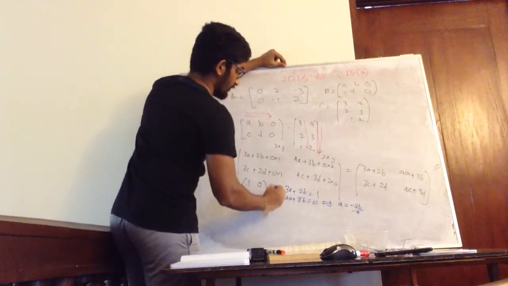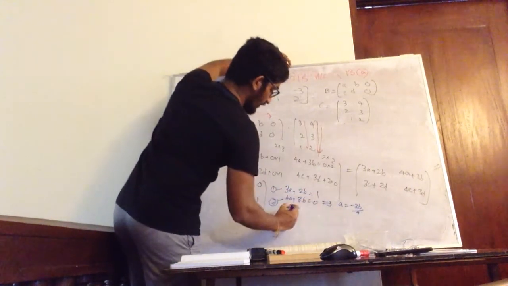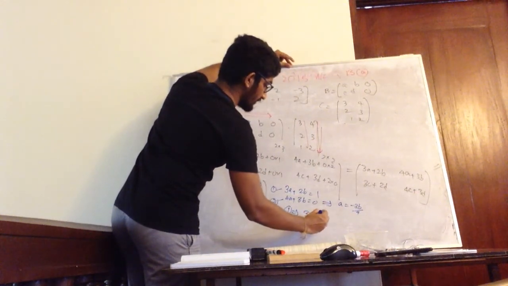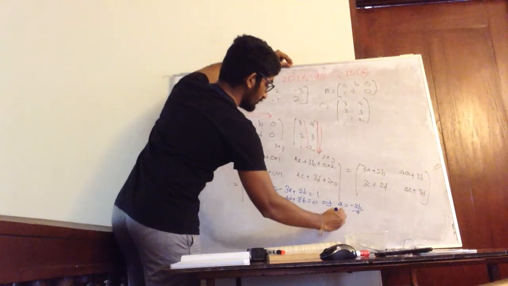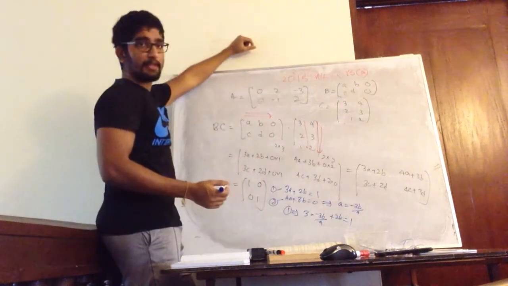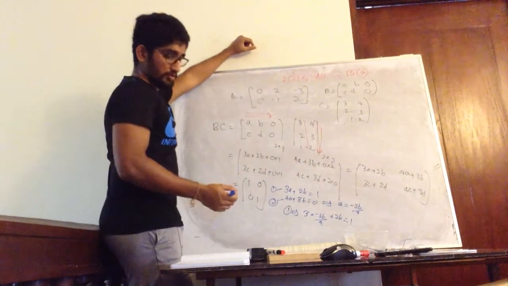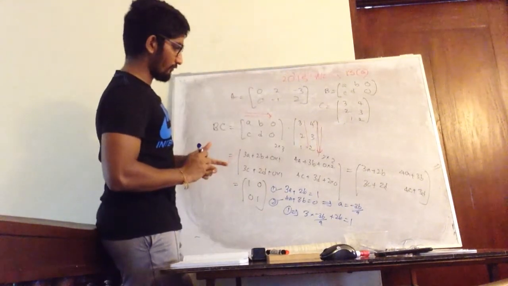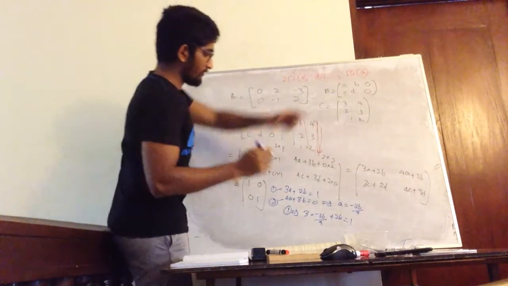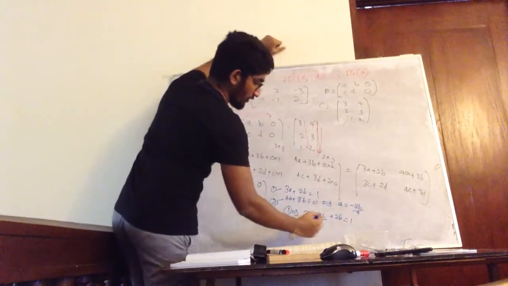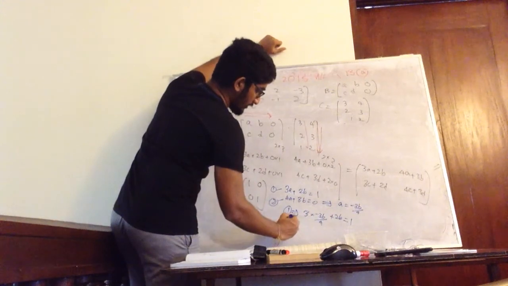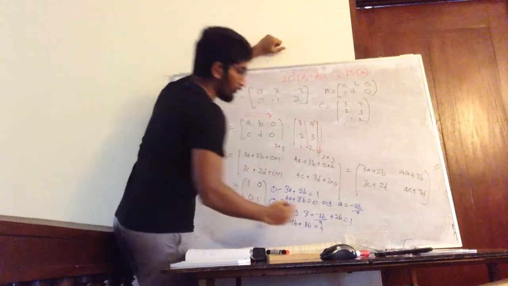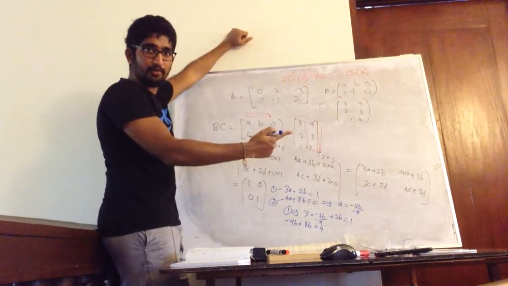If I substitute this into the first equation, 3 times minus 3b over 4 plus 2b is equal to 1. So then I multiply everything by 4, and we get minus 9b plus 8b is equal to 4.